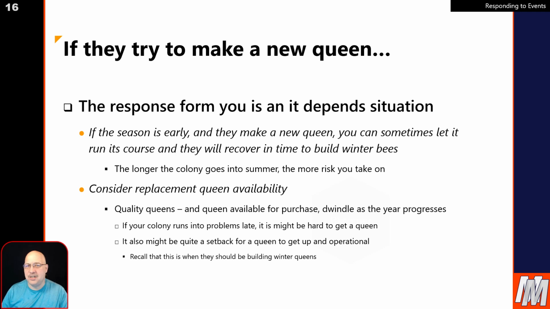Now, this is a judgment call on your part, but the deeper you get into the season, the more strategic it would be for you to override what the bees are doing and install a purchased queen that is mated and would get back to the job of producing your winter bees for your colony.